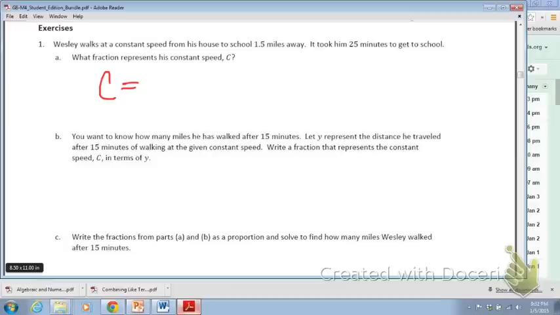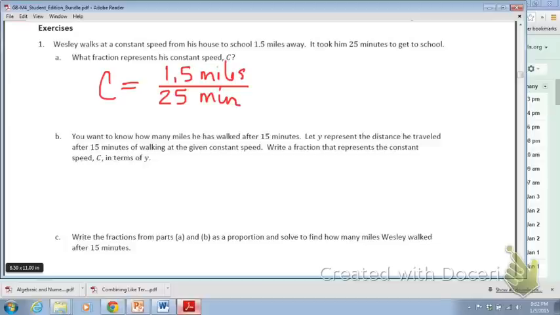So it's going to be 1.5 miles over 25 minutes. And if I simplified this, I would have the number of miles per minute that Wesley can walk. Okay, so that's part A.